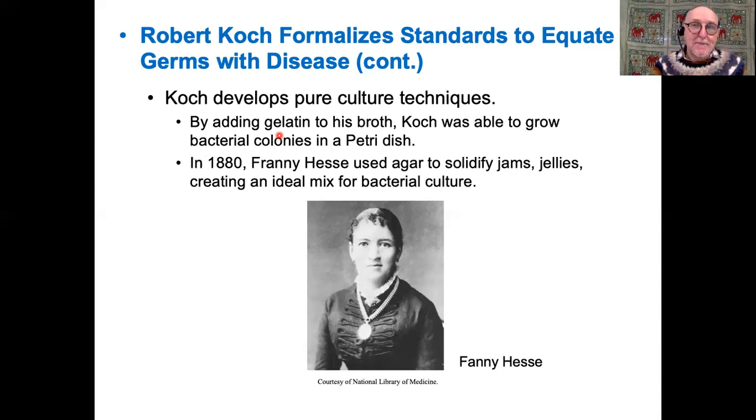The problem with gelatin is that many bacteria love gelatin, and they produce enzymes which break it down extremely rapidly. So it's very difficult to grow them on a medium which is solidified with gelatin. But this lady, Fanny Hess, the wife of somebody working in his lab, used to make her own jellies and jams in her kitchen.